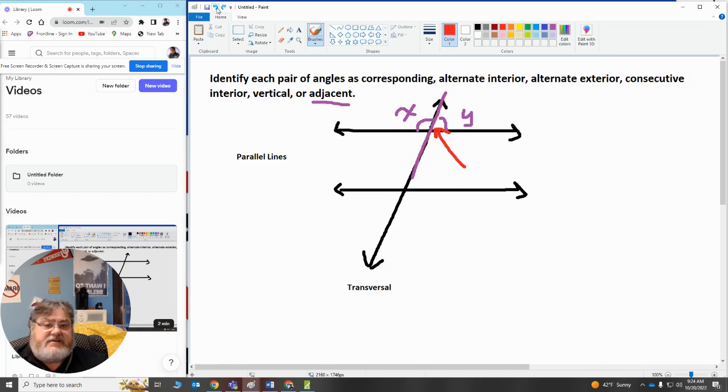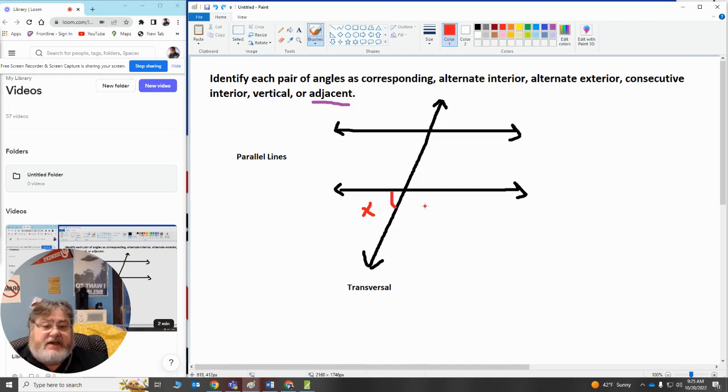And there are a lot of adjacent angles in this drawing. So let's find some more, okay? Angle X, we'll move it to the bottom. Its adjacent angle would be angle Y, okay? And we can also say that, let's move X down some more. Angle X, its adjacent angle, angle Y. And then, not the last one, angle X, adjacent angle, angle Y. Let me just show you another one.